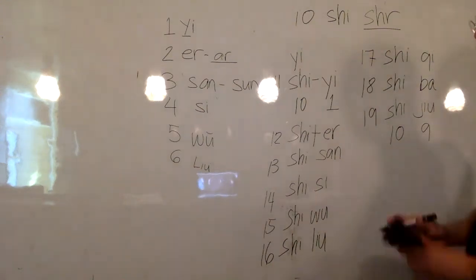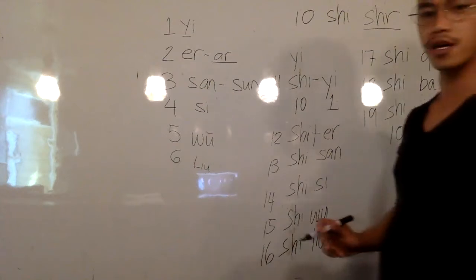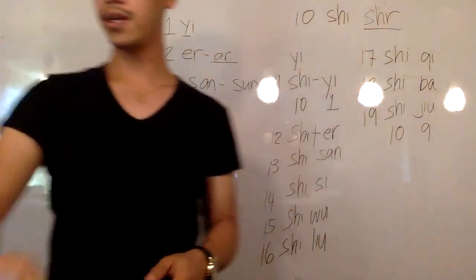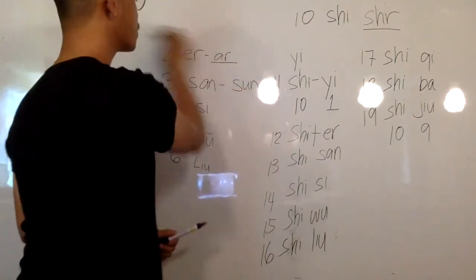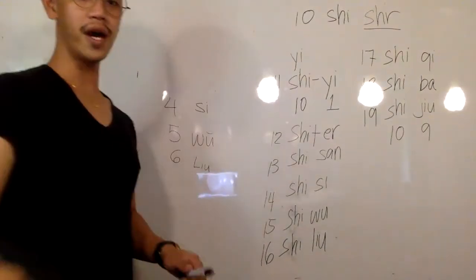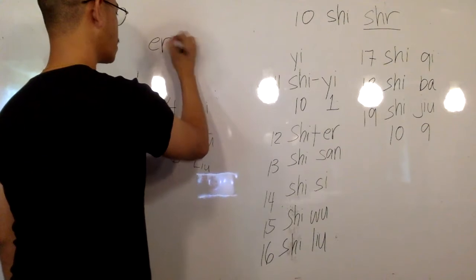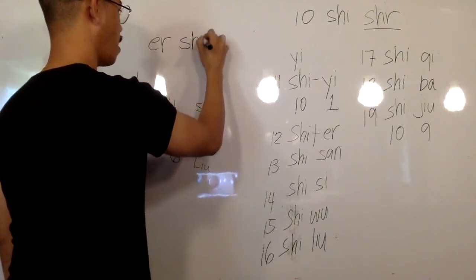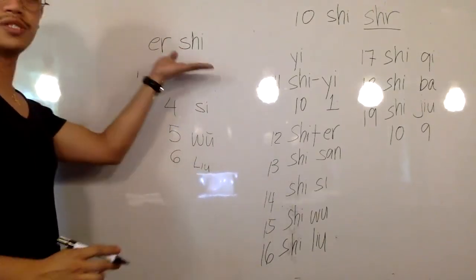Okay, let's continue our counting. How about 20? How do we say 20? Okay, 20 is written this way: er, shi.